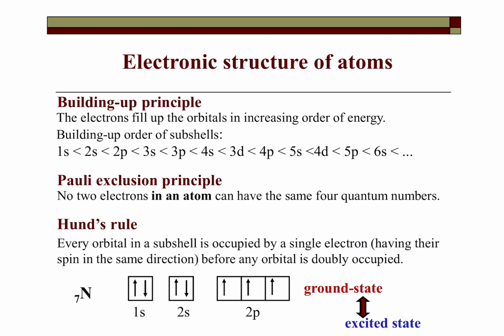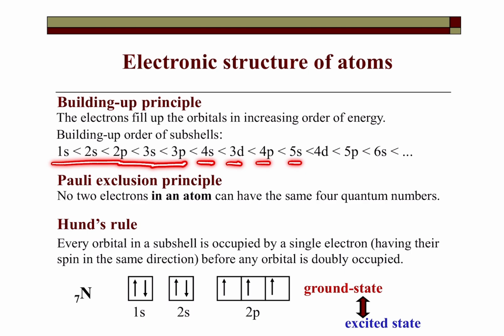Until 3p we go with the same rule: 1s, 2s, 2p, 3s, 3p, until here no problem. But here we don't go to 3d, because of energy, first 4s, then we go to 3d. 3d is an exception in the filling: first the 4s is filled, then 3d. Again 4p is no problem.